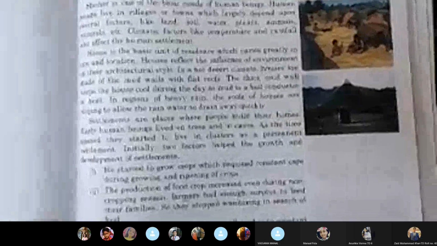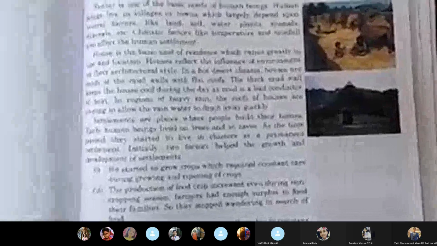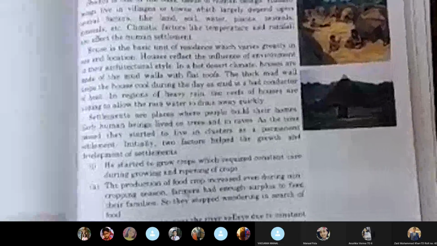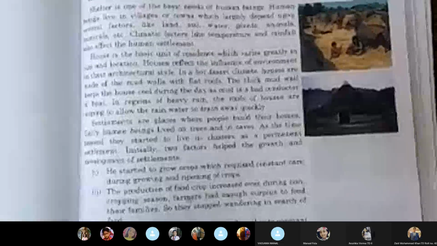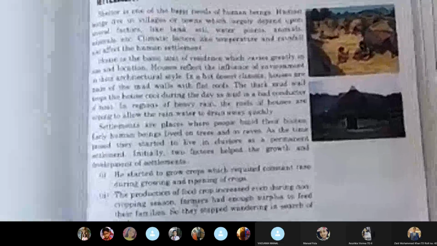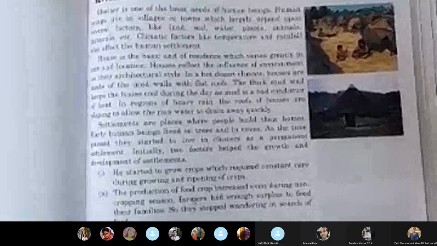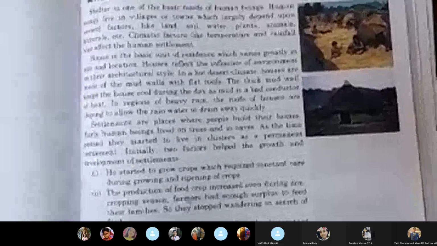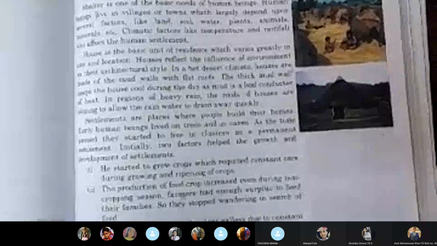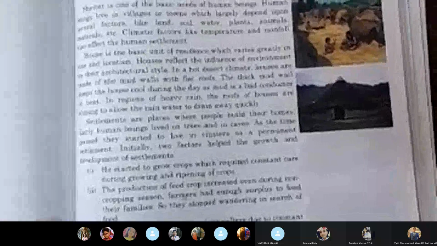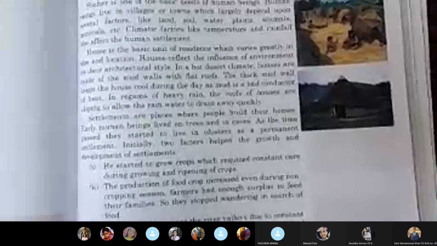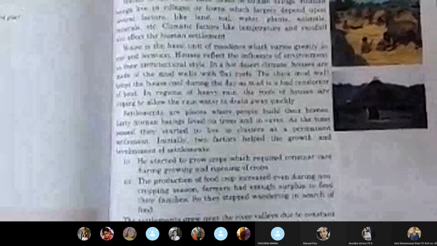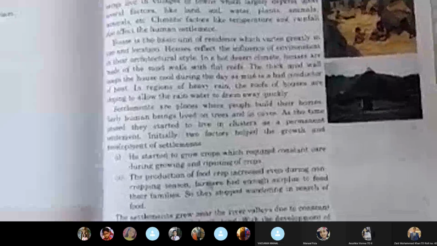Human beings live in villages or towns which largely depend on several factors like land, soil, water, plants, animals, minerals, etc. We all prefer living in a land which is even, where the soil is fertile, where there is plenty of water leading to plants growing in large number, animals available, and the mineral resources at hand. So these are the various factors on which we depend for the settlements.